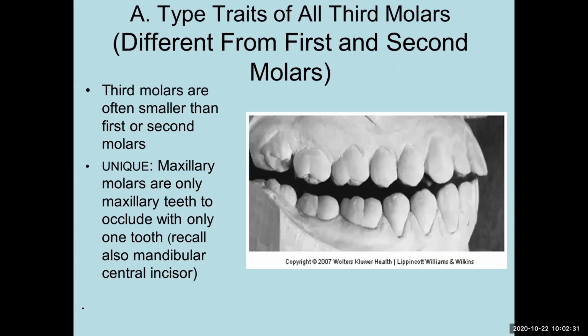Maxillary molars are the only teeth to occlude with only one tooth. This is usually a test question, my friends. The maxillary molars are the only maxillary teeth to occlude with only one tooth.